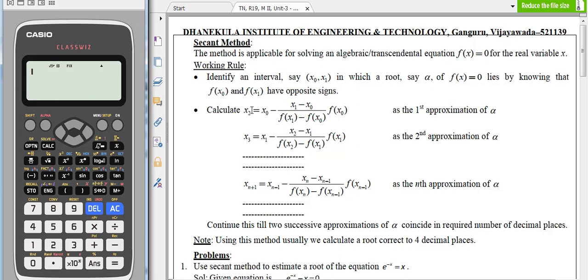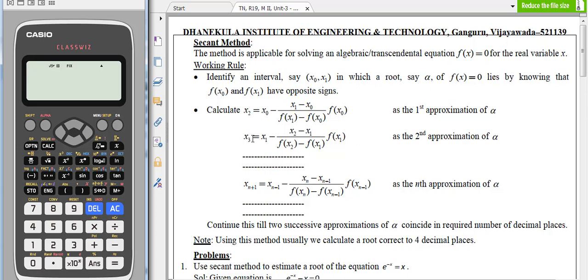So by having the x2 value and using x1 and x2 values you can get the second approximation denoted by x3. As in the case of the bisection method and the regula falsi method, here we need not do the process of bracketing of the root.